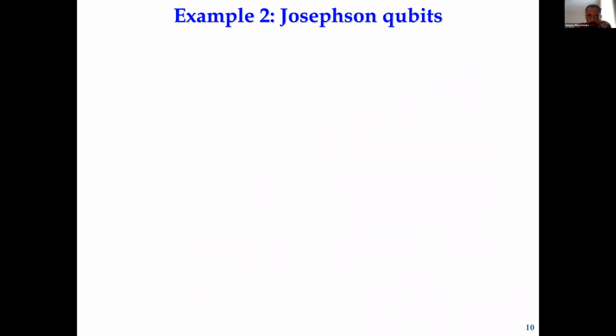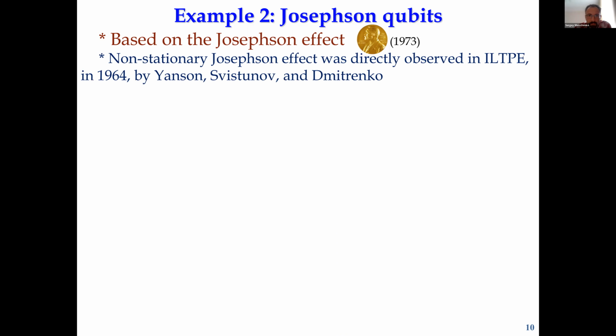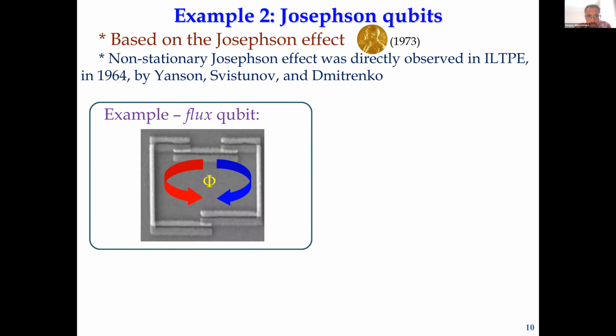Another example, Josephson qubits. These are based on the Josephson effect. And one of the Josephson effects, the non-stationary one, was first directly observed in our institute. Well, and here's an example of what superconducting qubits are.